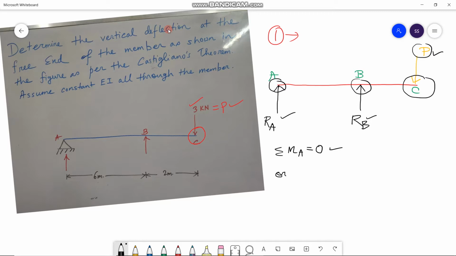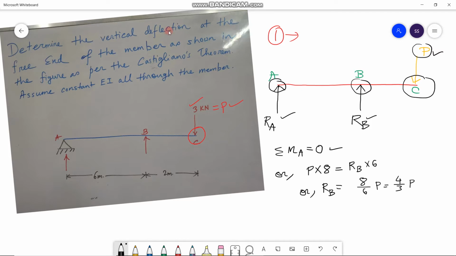From this we get P into 8 equals RB into 6. So we have RB equals 8 by 6 P, which equals 4 by 3 P.